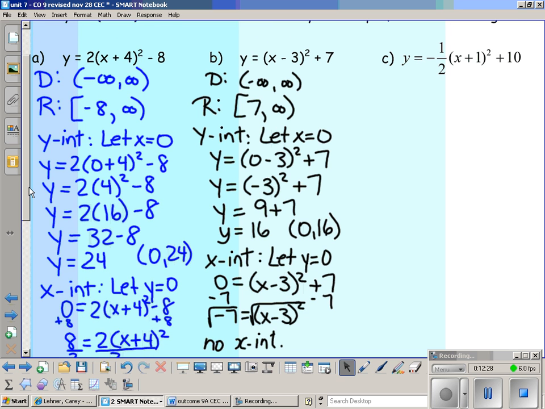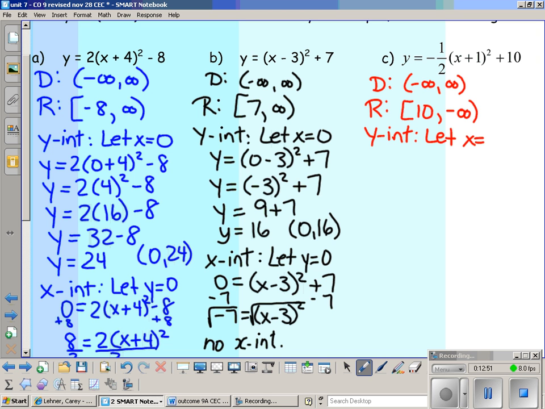All right, let's look at the last one. Again, domain is negative infinity to positive infinity. Range is your q value. Now our a is negative 1/2, so we are opening down, which means we are reaching towards negative infinity. Our y-intercept, we let x equal 0.